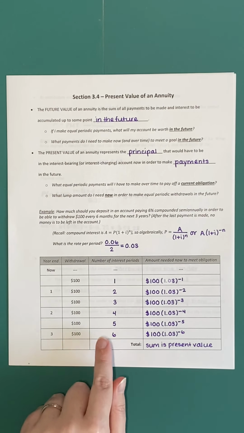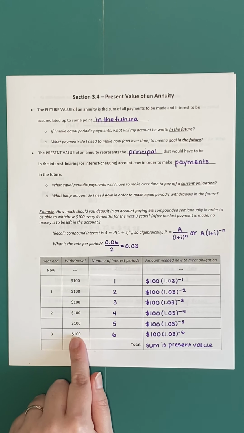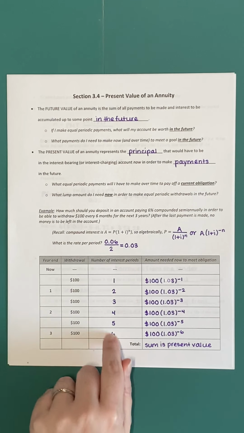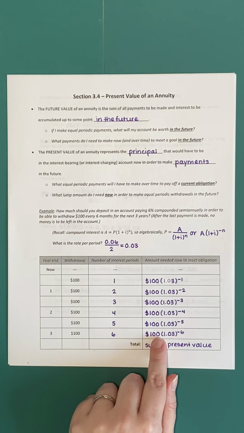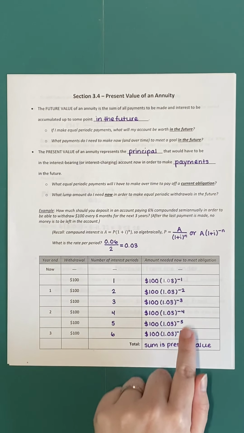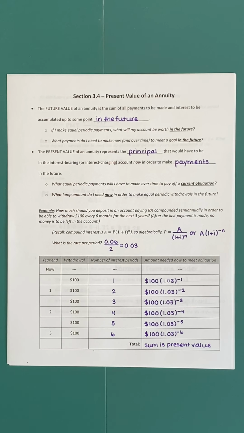So the amount of money we need to make this final payment has had time to accrue interest 6 times. So its value is going to be 100 times 1.03 raised to the -6 power. Now, understanding what's going on here is a little bit more difficult than understanding what's going on with future value.